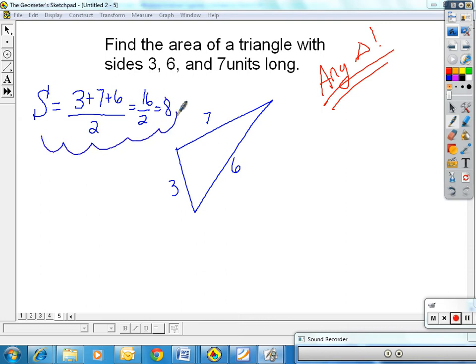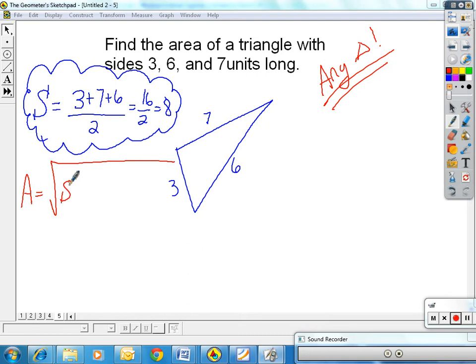Now let's use it in Hero's formula. So area equals the square root of semi-perimeter times semi-perimeter minus 3 times semi-perimeter minus 7 times semi-perimeter minus 6.